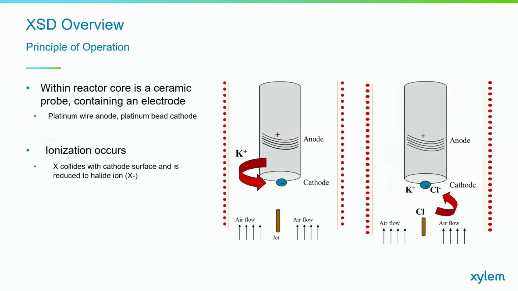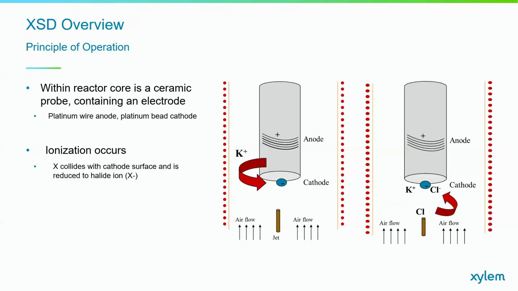Now keep in mind, inside this reactor core is very, very hot. And in the reactor core, there's a ceramic probe that has an electrode, which has an anodic side, a cathodic side. In this case, it's a platinum wire and a platinum bead. We have an increase in temperature. So while this oxidative pyrolysis is happening, there's also the release of potassium ions from the anodic wire that accumulate on the platinum bead cathode and form an alkali monolayer.